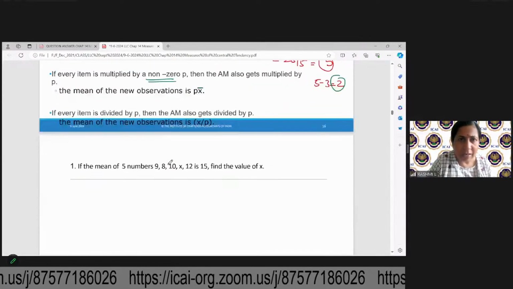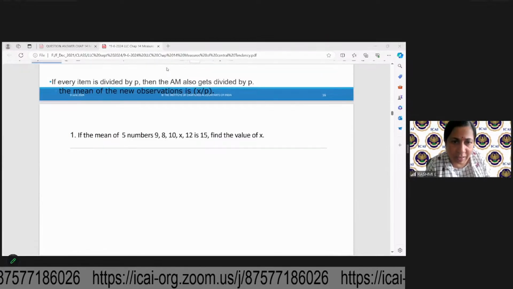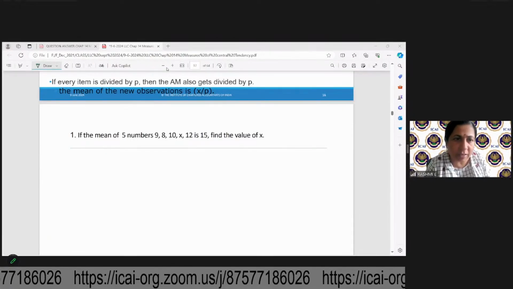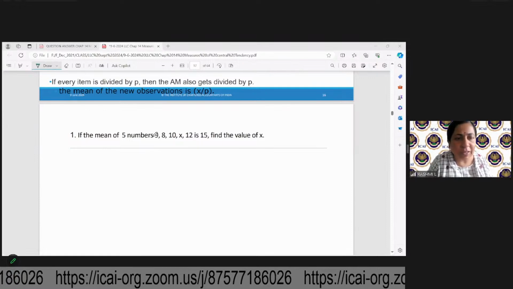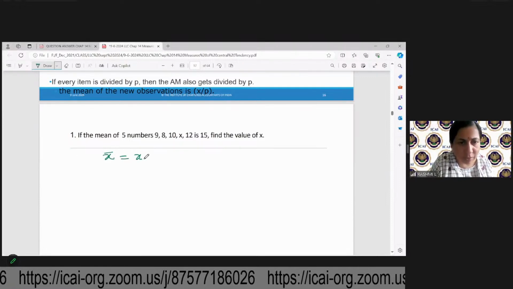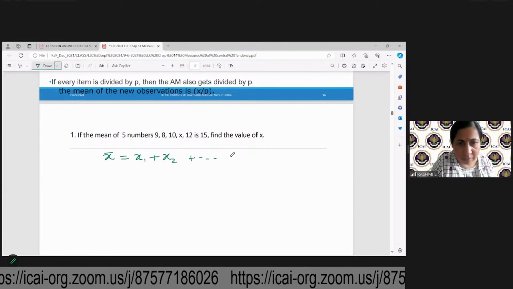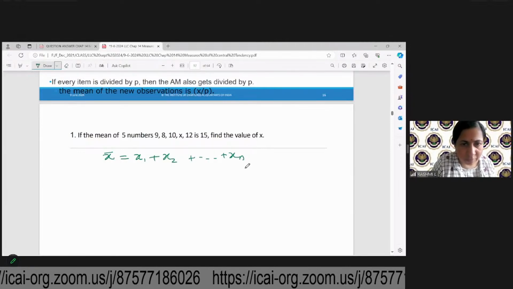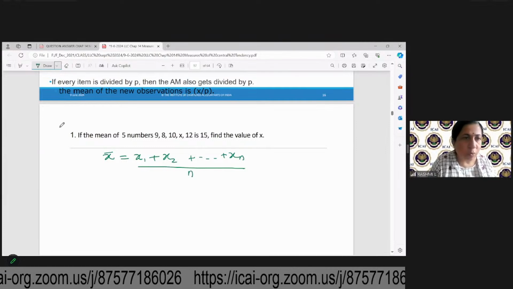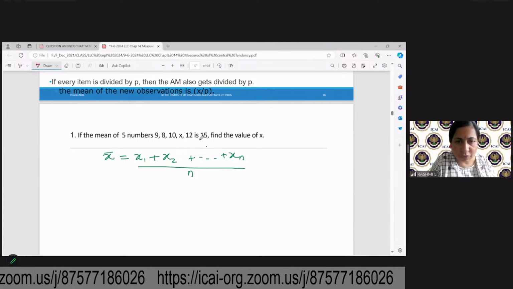Now let us see, can we calculate the value of x here? If the mean of 5 numbers is this, what is x bar? x bar is x1 plus x2 up to xn upon n. My x bar is given to me as 15.